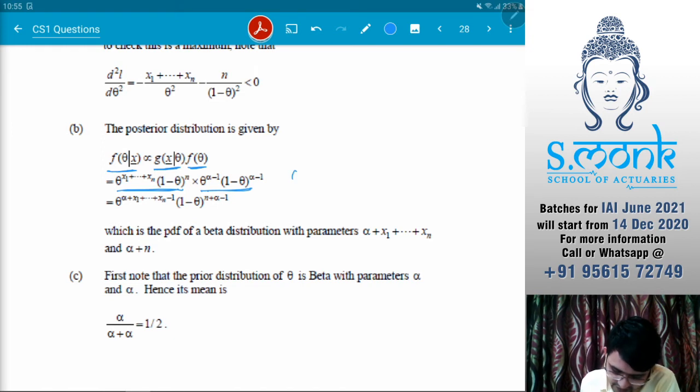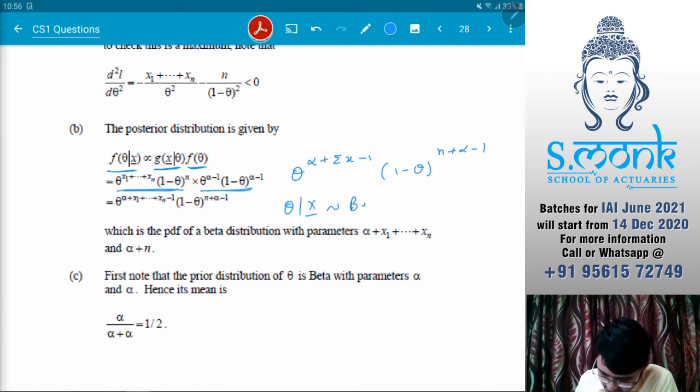So we are literally getting theta raised to alpha plus summation x minus 1 and 1 minus theta raised to n plus alpha minus 1. So this is nothing but a beta distribution. So we'll say our theta given the sample of x will follow a beta distribution with parameters alpha plus summation x comma n plus alpha.